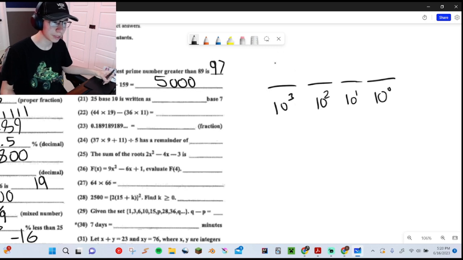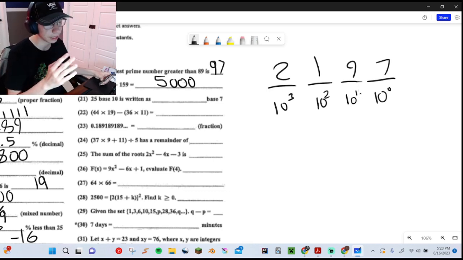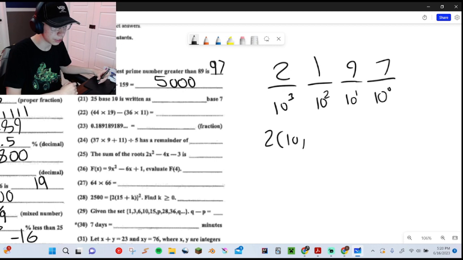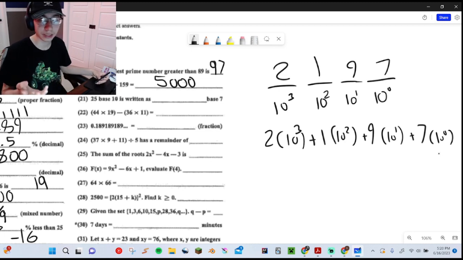So if I wrote a number like 2197, right? I would say that this number here is equal to 2 times 10 cubed, which is 1,000, hence the thousands place, plus 1 times 10 squared, plus 9 times 10 to the first, plus 7 times 10 to the 0, which is 1, so the ones place.